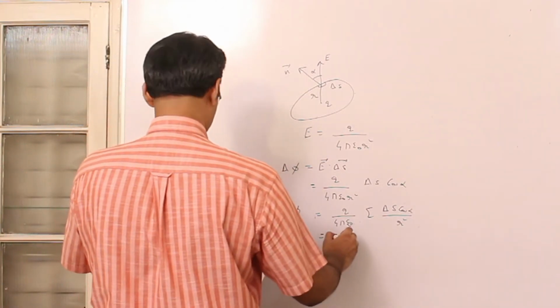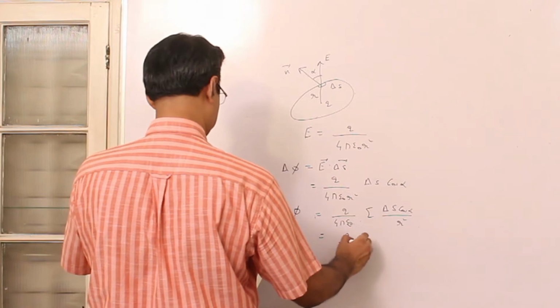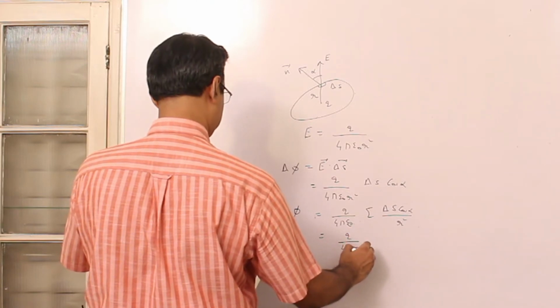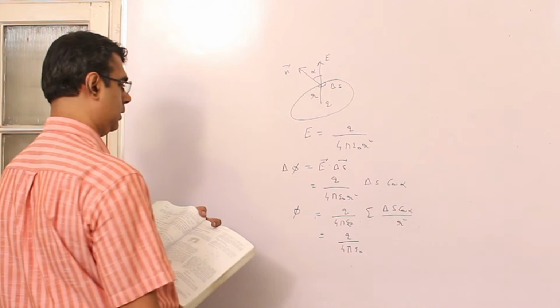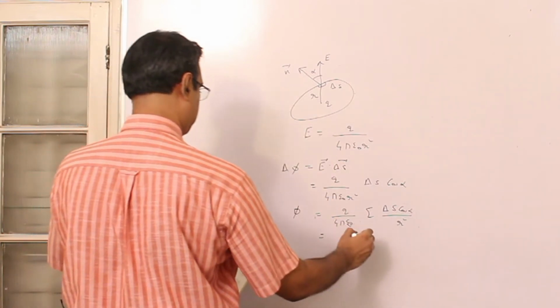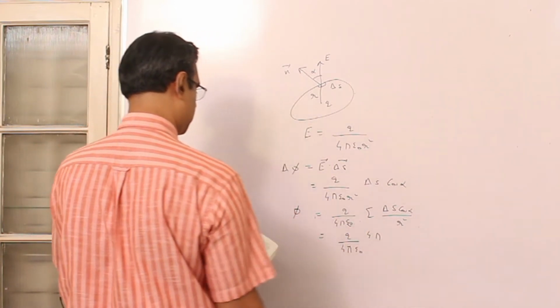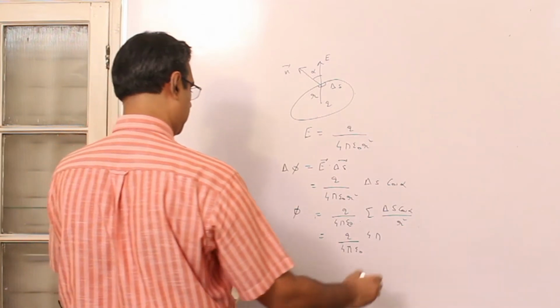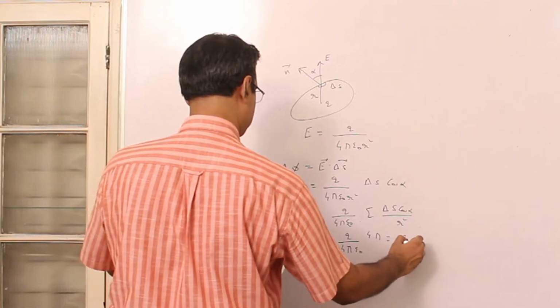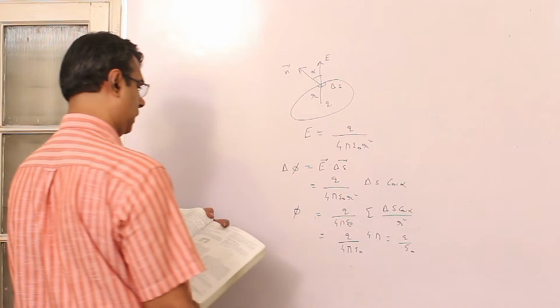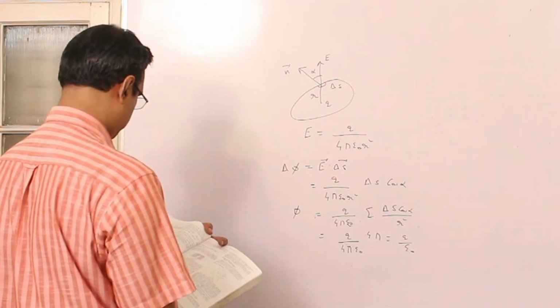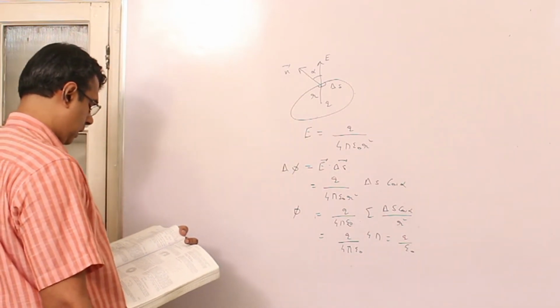Now you know that summation delta S cos alpha by r square is the total solid angle at any internal point, but this is a closed surface, so total solid angle at any internal point will be 4 pi. So that means the flux will be equal to Q by epsilon naught.